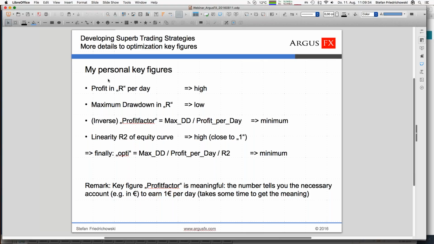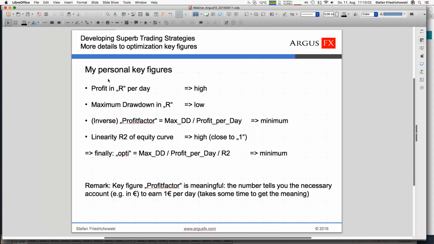That is a little bit misleading, therefore it's in brackets here. Profit factor seems to be a number which should be high, but in my definition, which I made I think 6 years ago, I calculate the quotient maximum drawdown divided by profit per day.